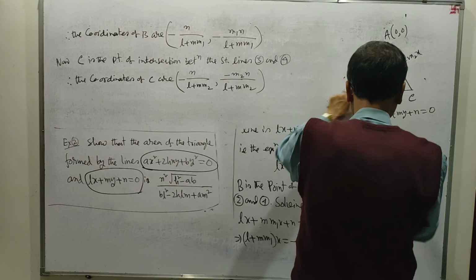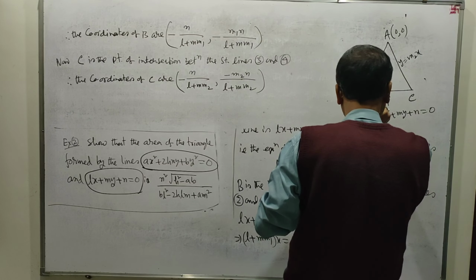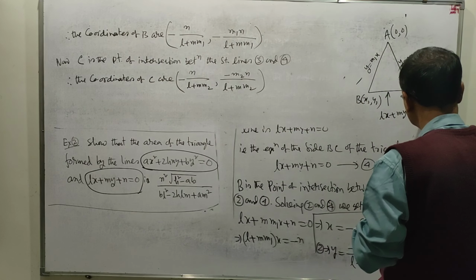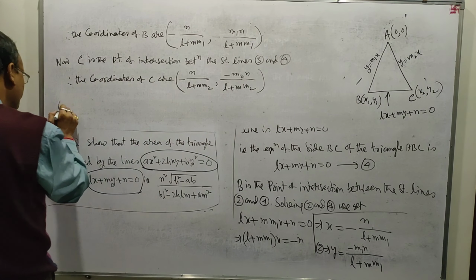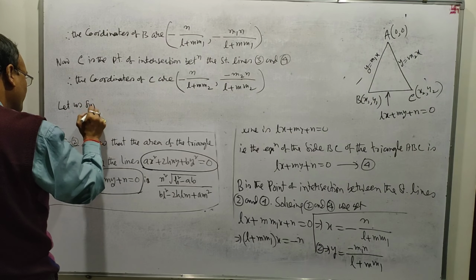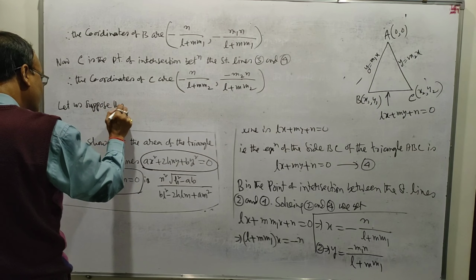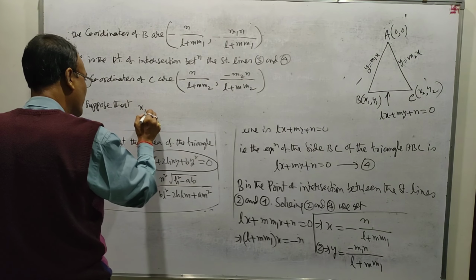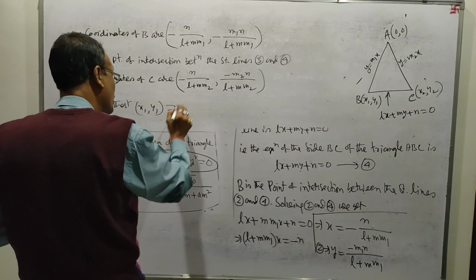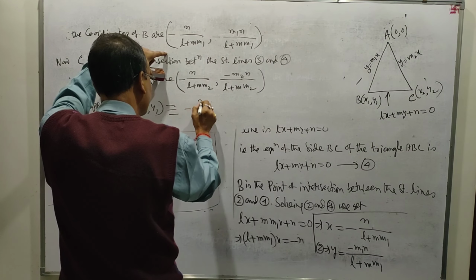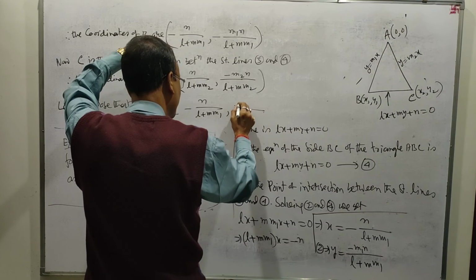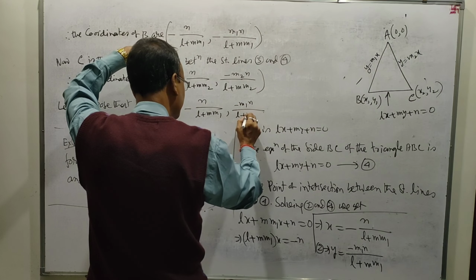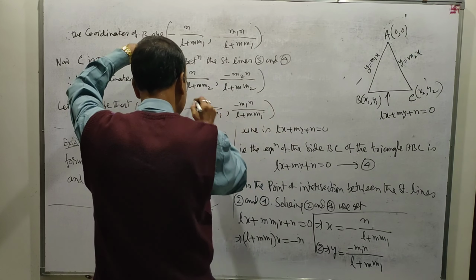Suppose the coordinates of B is x1, y1 and of C is x2, y2. Let us suppose x1, y1 is equivalent to minus n divided by L plus m m1, minus m1 n divided by L plus m m1.